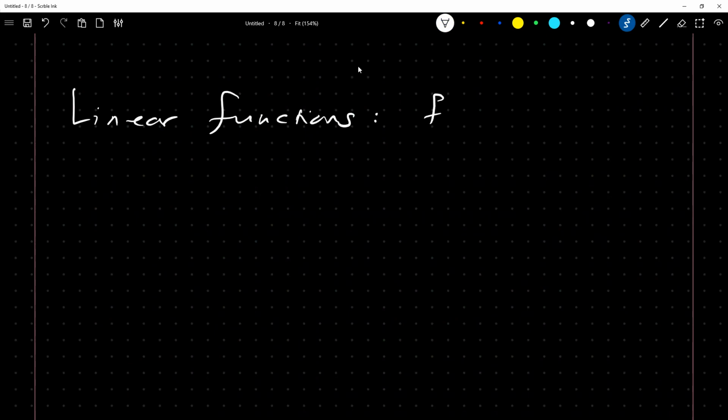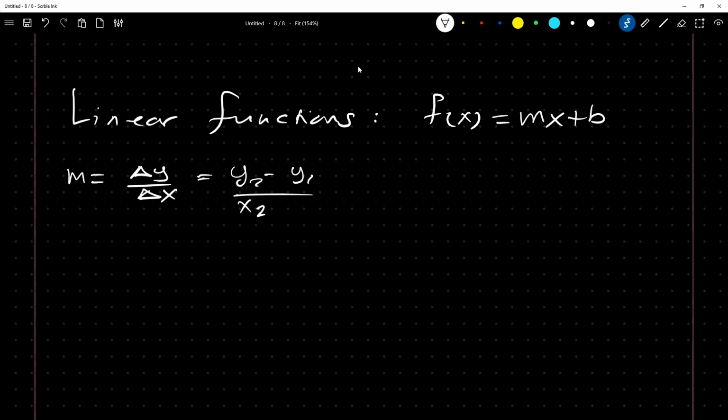And we know a line to be of the form f of x equals mx plus b, where m is our delta y divided by delta x, our gradient in some places, or slope in other places, which is simply the change in y divided by the change in x if we're given two points, x1, y1, and x2, y2.